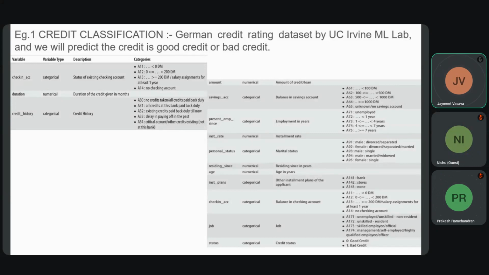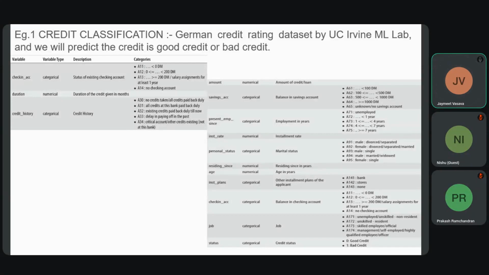So A30 to A34, A30 being no credits taken or all credits paid back duly, then all credits at this bank paid back duly, to A34, which is a critical account or other credits existing not at this bank.